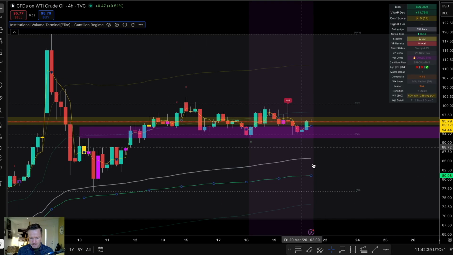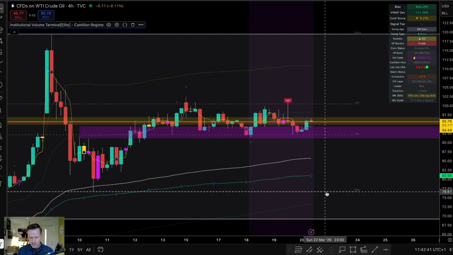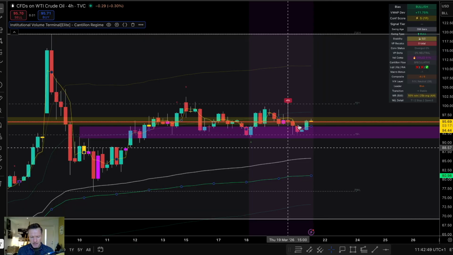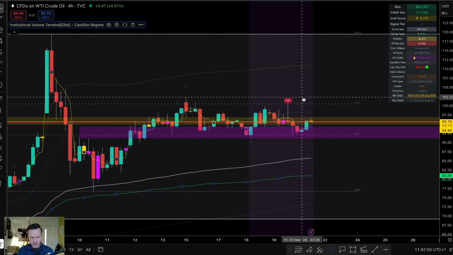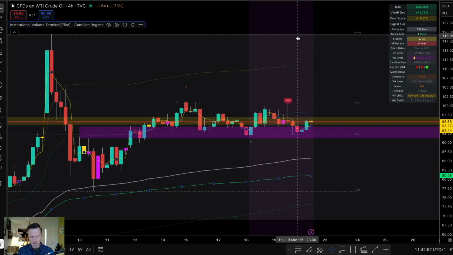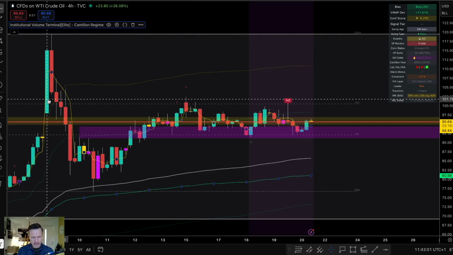And if that breaks, we will probably also visit the previous week low, which is around the 77 area. On the upside, we have the previous day high, which is around 100 to 102. And then all the way up, we have the 120 on the spike of the 8th of March.